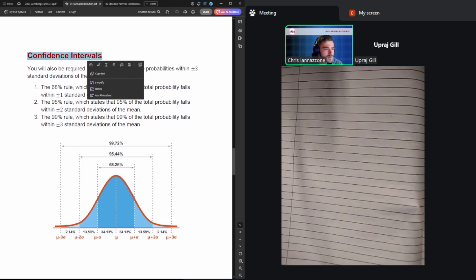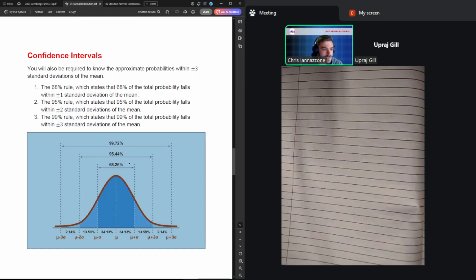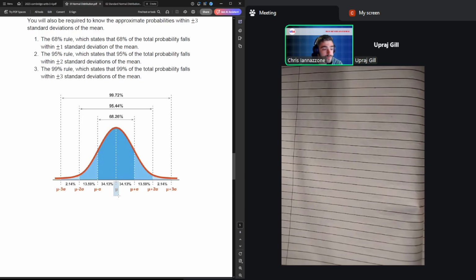They're called confidence intervals. You've got the 68, 95, and 99% rules, which correspond to plus minus 1, plus minus 2, and plus minus 3 standard deviations, separated from the mean specifically. This is one left and one right. There's your approximate 68%. This is two left and two right. There's your 95%. And then, of course, 99% as well.